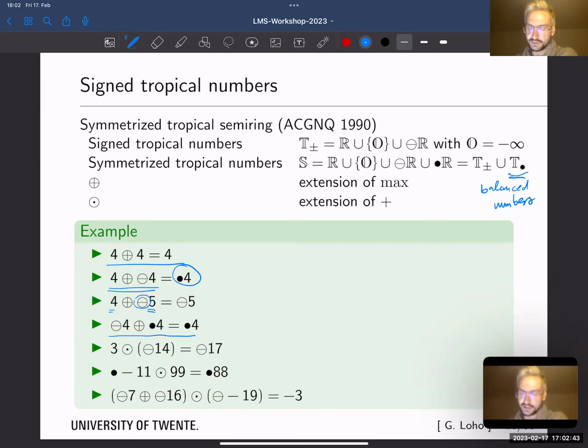And for multiplication, we get the usual rule. So plus times minus equals minus, and we do the usual tropical multiplication, being the same as sum on the absolute value. And again, do not get confused. You can also still have the usual negative numbers, but with such a weird sign in front, where the signs are plus, minus, and balance.